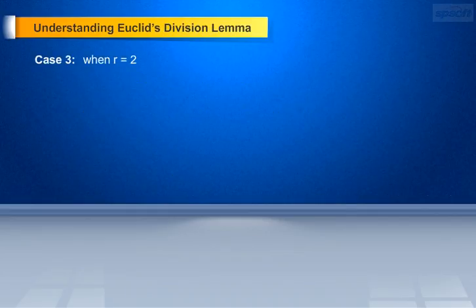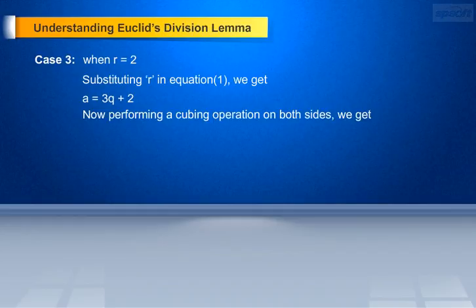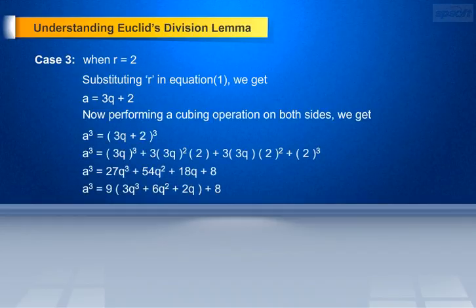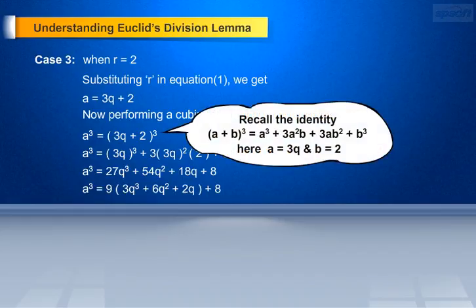Case 3, when r equals 2. Substituting r in equation 1, we get a equals 3q plus 2. Now performing a cubing operation on both sides, we get a cube equals (3q plus 2) whole cube. Recall the identity, (a plus b) whole cube equals a cube plus 3a square b plus 3ab square plus b cube.